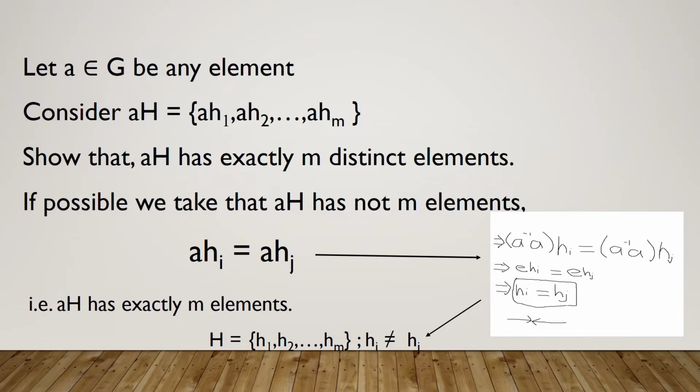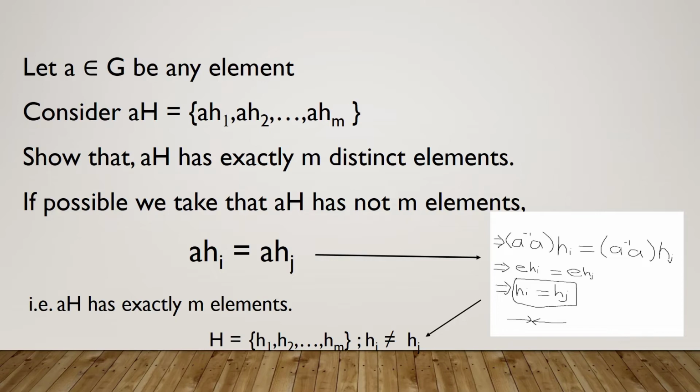We will show this by using the contradiction method. If possible, we take that aH does not have m elements. So ahi is equal to ahj.